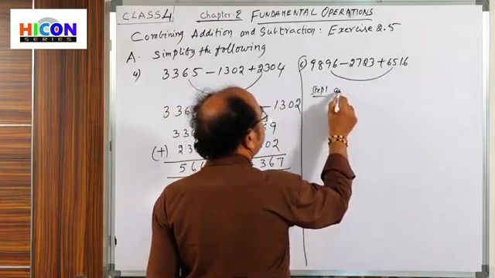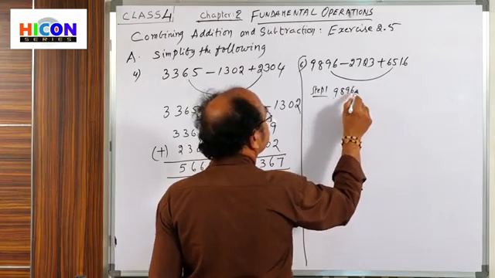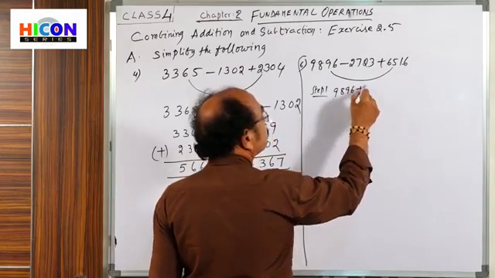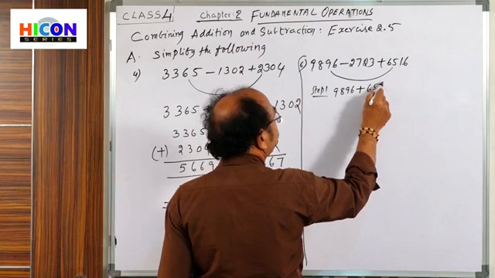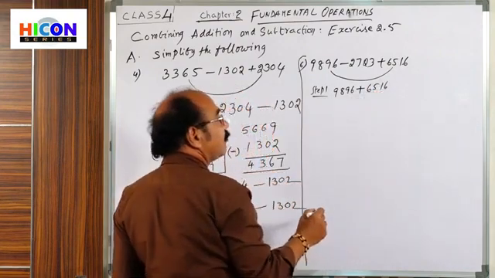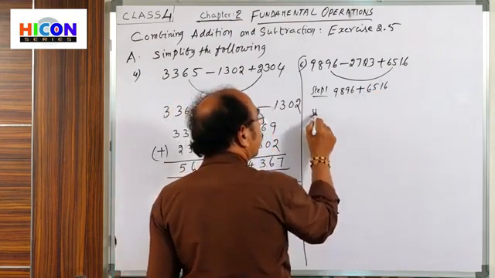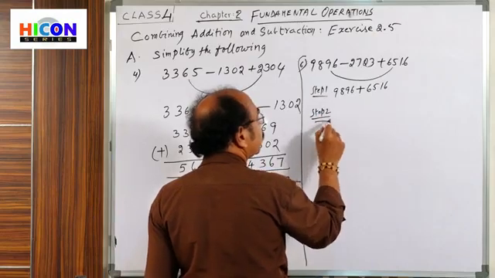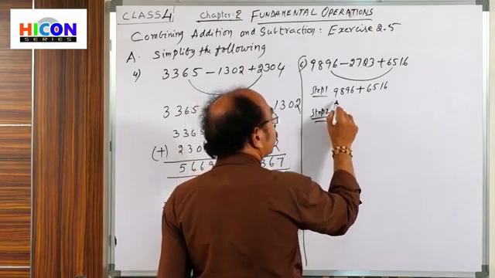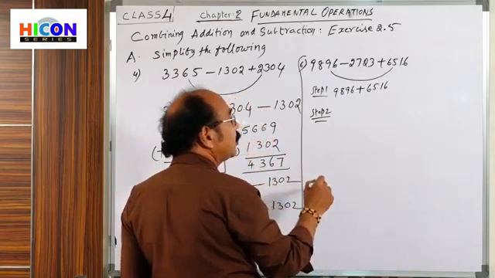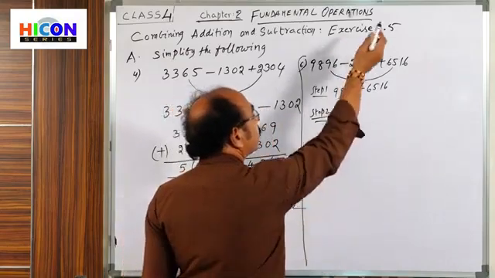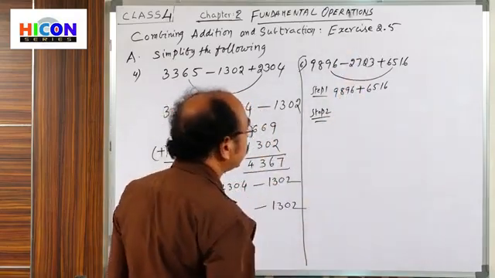That means 9896 plus 6516. Okay, in step 2, what do we do? From this total, we subtract the third number.